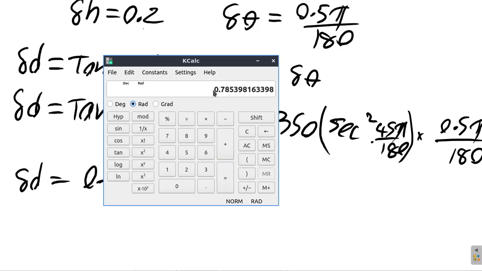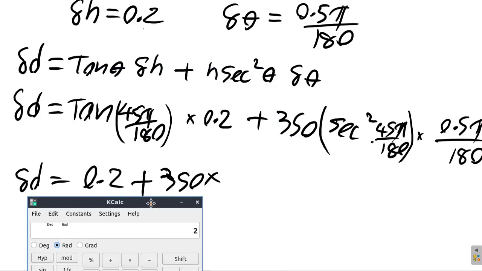Now sec means 1 over cos. So we find cos of this, we get 0.707. 1 over it, we get that. And then square it and you get 2. Alright? So this amounts to 2.